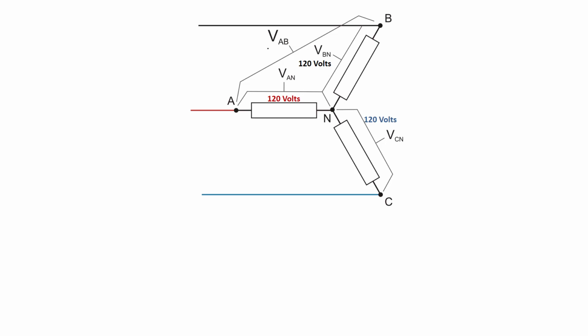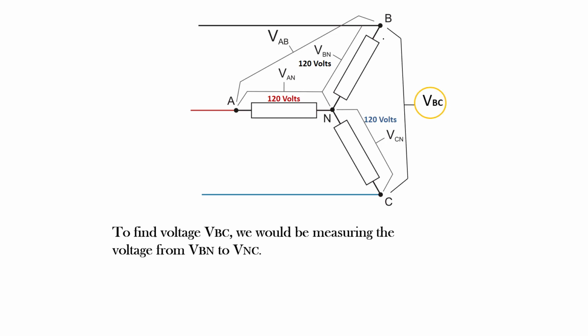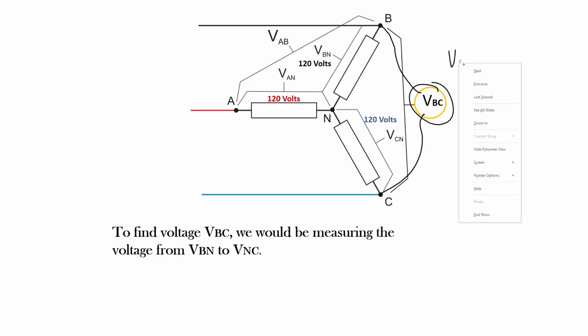So our first line voltage was VAB. Our next line voltage is going to be voltage B to C. So if we say that this is our voltmeter right here, connected to B and to C, and I want to know what the voltage B to C is, I have to walk the path of that voltmeter.